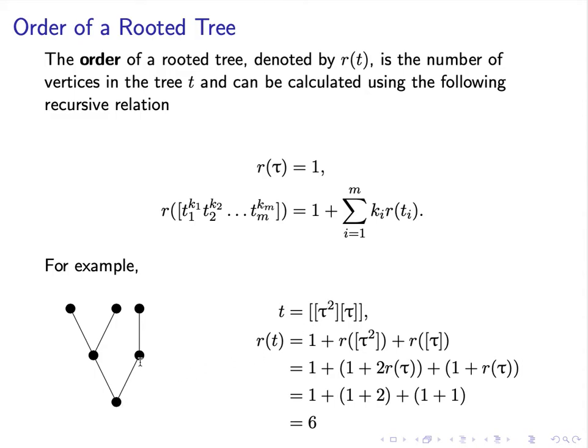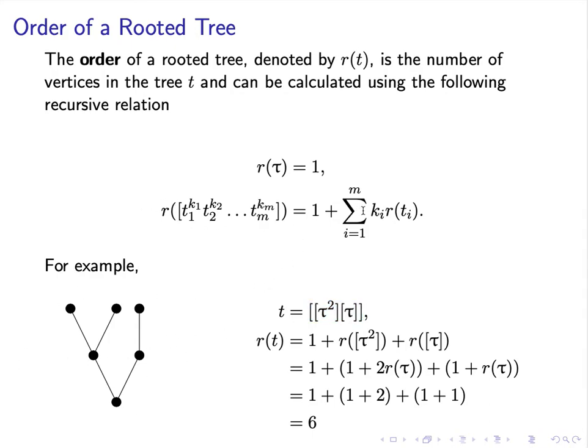Our second subtree does have a child node, so that's represented by the square brackets there, and this has simply got a single node, which is just a single tau. So this is our tree notation for this example tree.